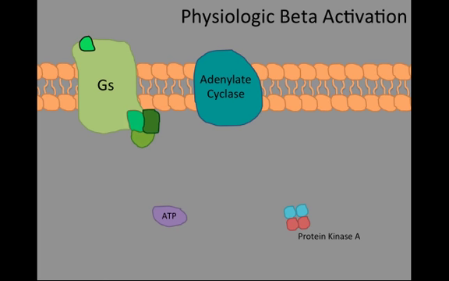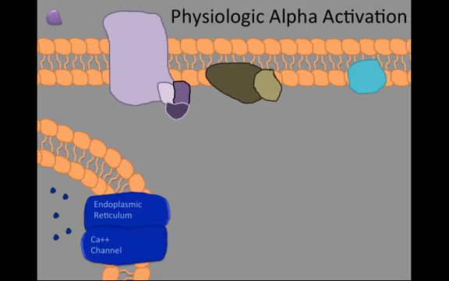The alpha subunit dissociates from the beta and gamma subunit and activates the intracellular enzyme adenylate cyclase. Adenylate cyclase facilitates the conversion of adenosine triphosphate, or ATP, into cyclic adenosine monophosphate, or cyclic AMP. Cyclic AMP acts as a second messenger to disinhibit protein kinase A, which activates intracellular processes through phosphorylation.